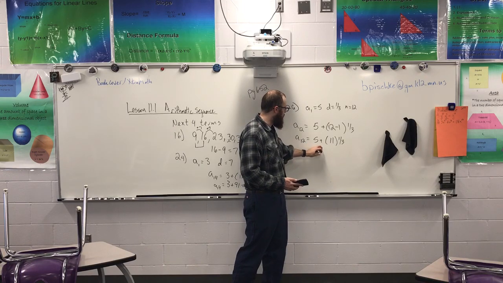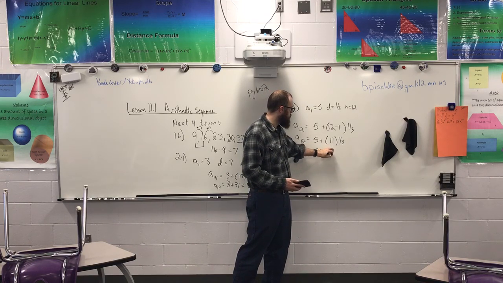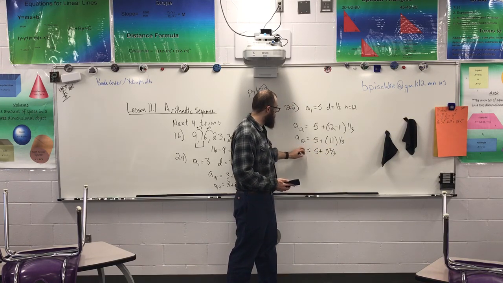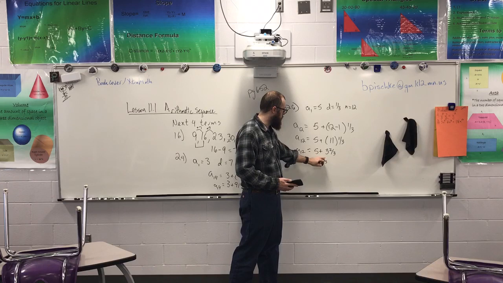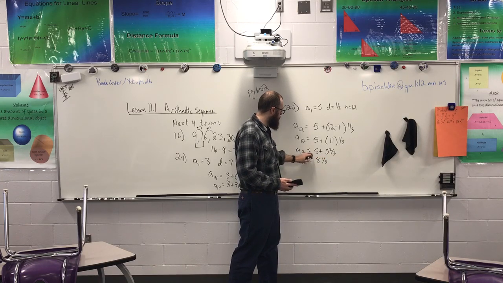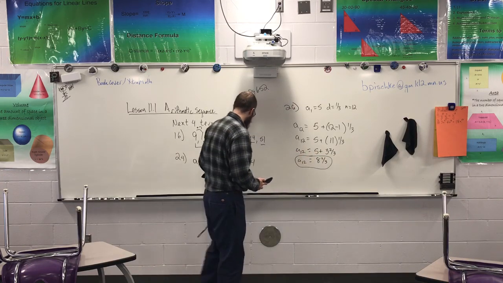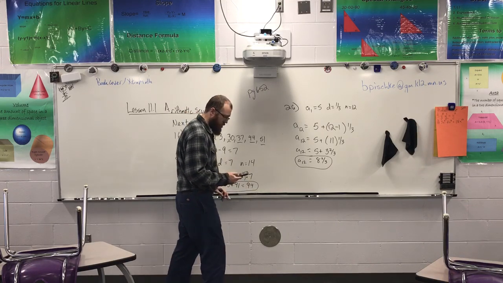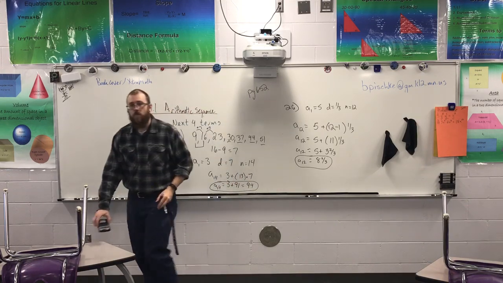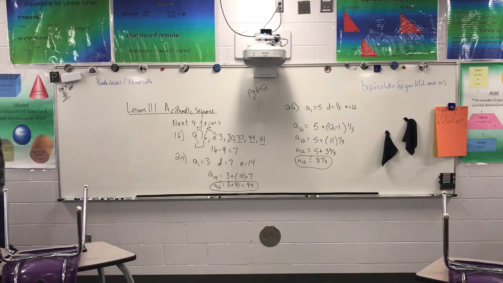And I'm going to add 5. 5 plus 3 2/3 gives me 8 2/3. Hopefully that'll give you all enough of a start that you can piece those things together.